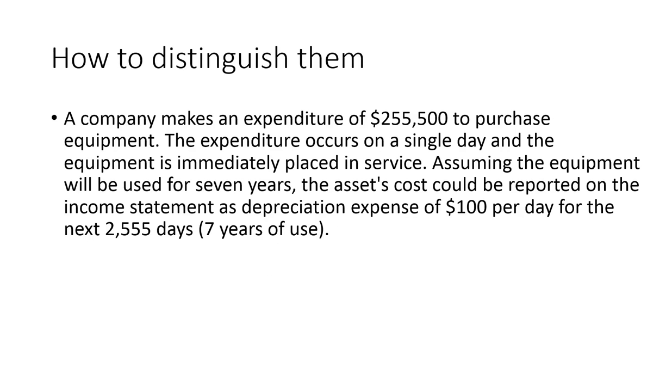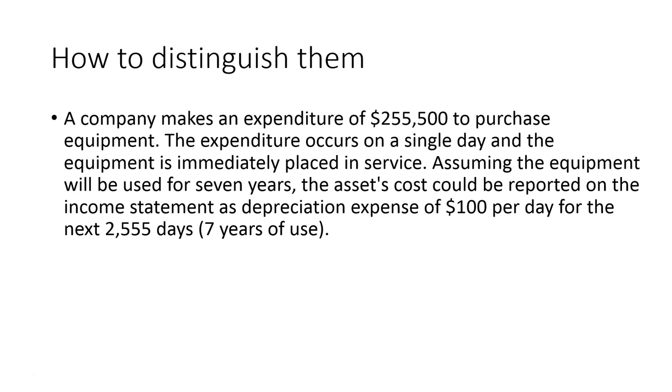So let's take a look at how to distinguish them. A company makes an expenditure of $255,500 to purchase equipment. The expenditure occurs on a single day, and the equipment is immediately placed in service.